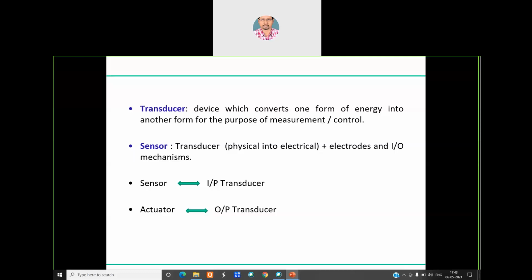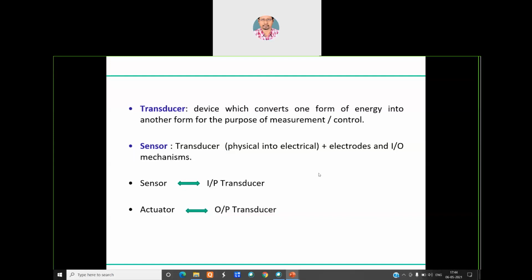The reverse, where acceleration, displacement, temperature, pressure or flow is converted to an electrical signal, is done by the sensor. That's why it is called an input transducer. On the other hand, the actuator is an output transducer. That is the job of sensors and transducers.